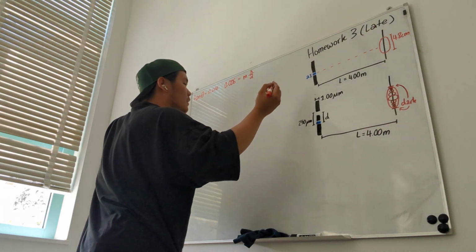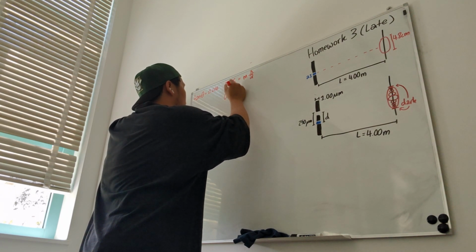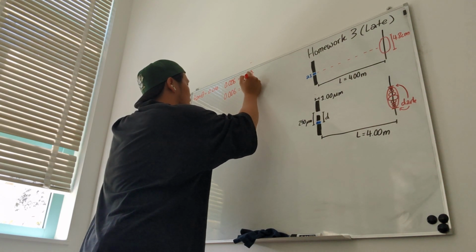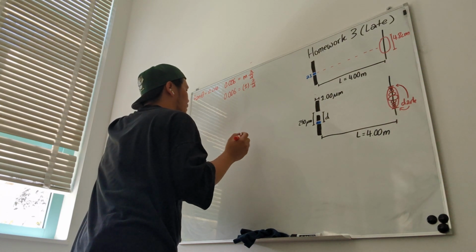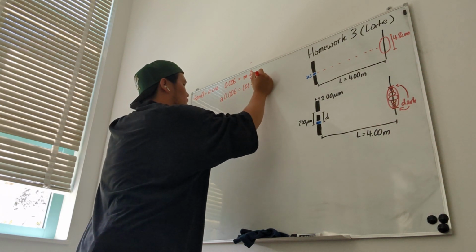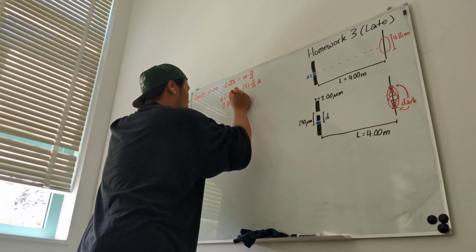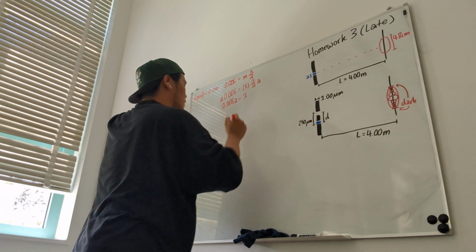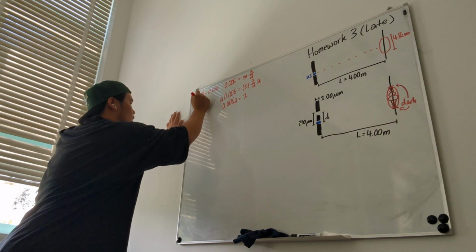We want a, we don't know lambda, but we do know m. Because it's a single bright fringe, it's 1 times lambda over a. And to get rid of the denominators, we'll just multiply both sides by a. So we get 0.006 a is equal to lambda. We have a ratio now.